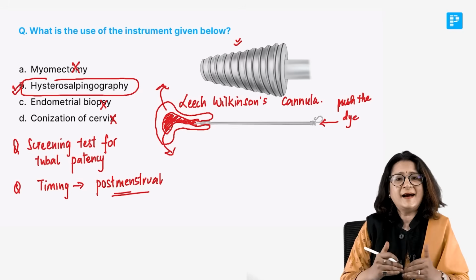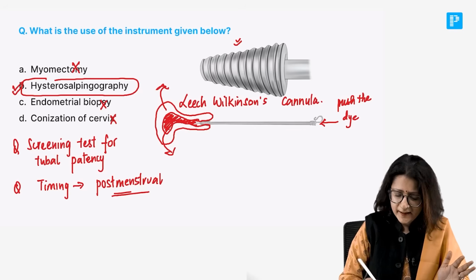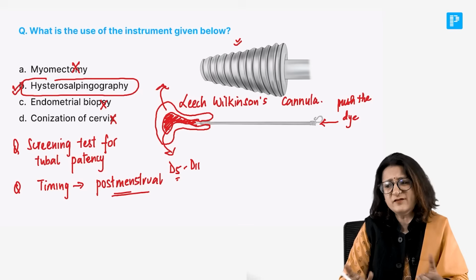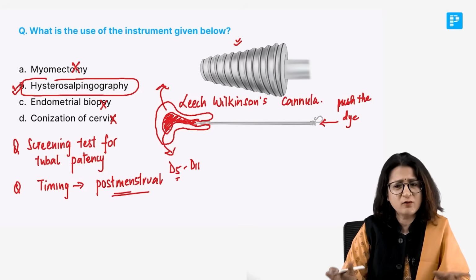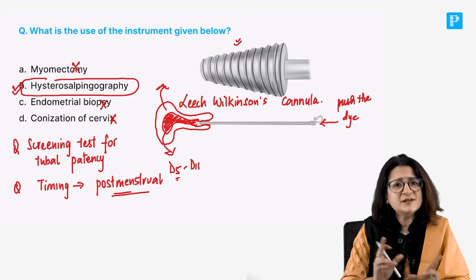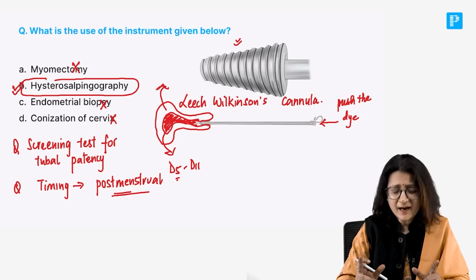It can be done anytime between day 5 to day 11 basically. Why have we chosen day 5? Because bleeding has stopped. I don't want to do this procedure during the days she's having period bleeding. So please keep that in mind.